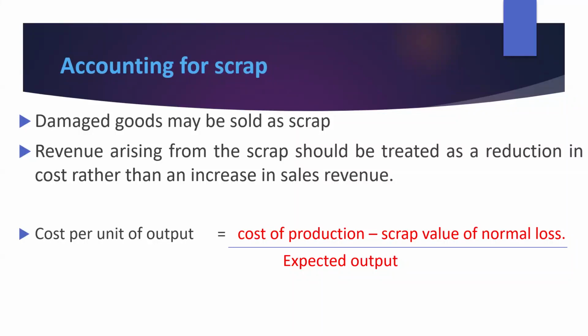So in this scenario, cost per unit of output can be calculated by taking the total cost of production and deducting the scrap value of normal loss. And we are going to divide it by the expected output. So you know, expected output means the total input minus the normal loss.